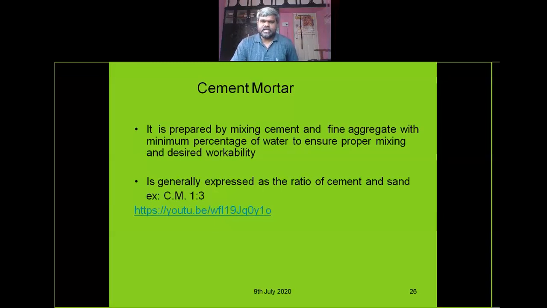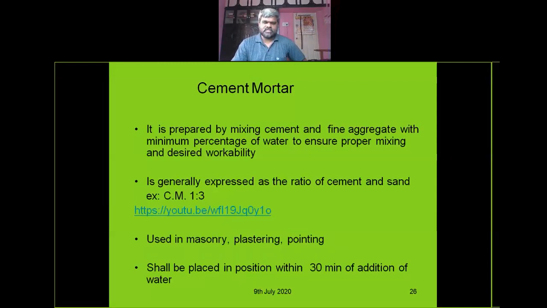Cement mortar is prepared by mixing cement and fine aggregate with a minimum percentage of water to ensure proper mixing and desirable workability. It is generally expressed as the ratio of cement and sand, and the cement mortar 1:3 is used in masonry, plastering, pointing works, and shall be placed in position within 30 minutes of addition of water.